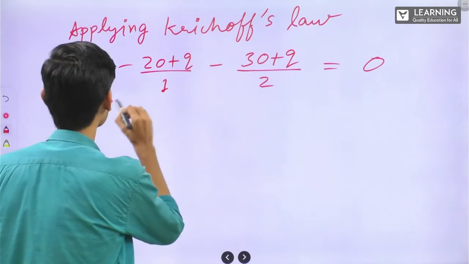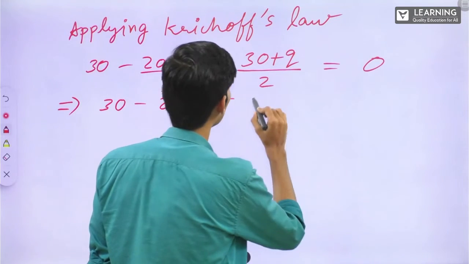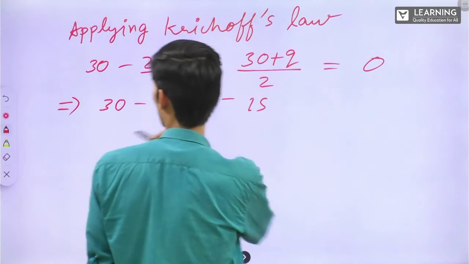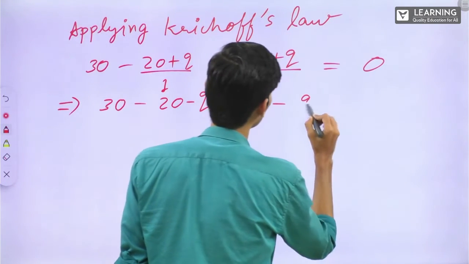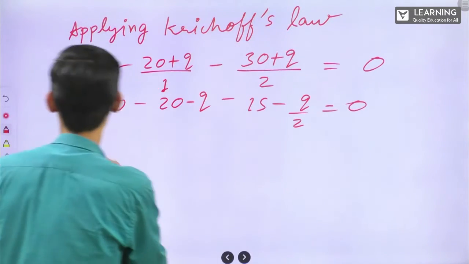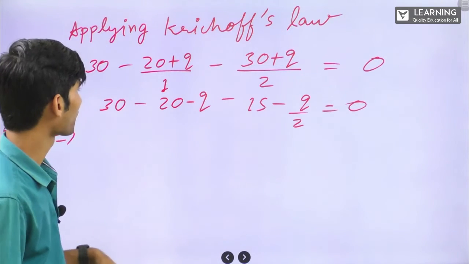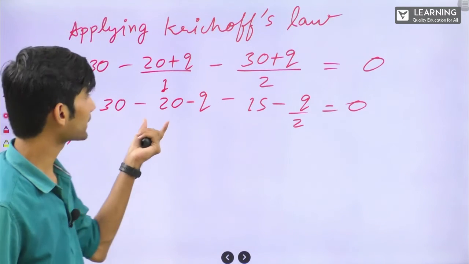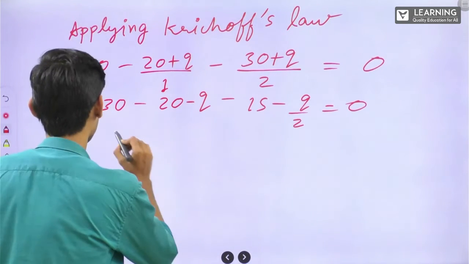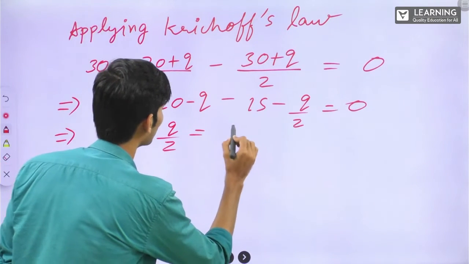So here 30 minus 20 plus Q minus 15, this will be minus. Minus Q by 2 is equal to 0. From here, 30 minus 15 is 15. 15 minus 20 is minus 5. It will go there, 5. Minus Q by 2 is equal to 5.